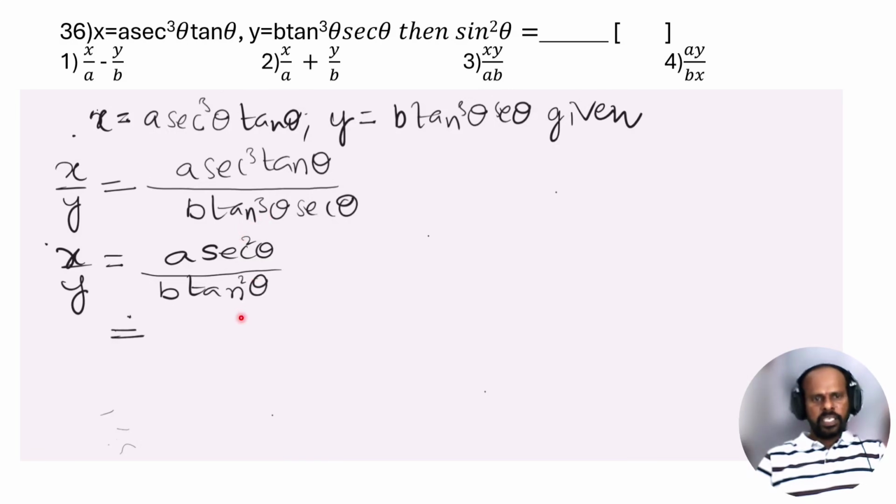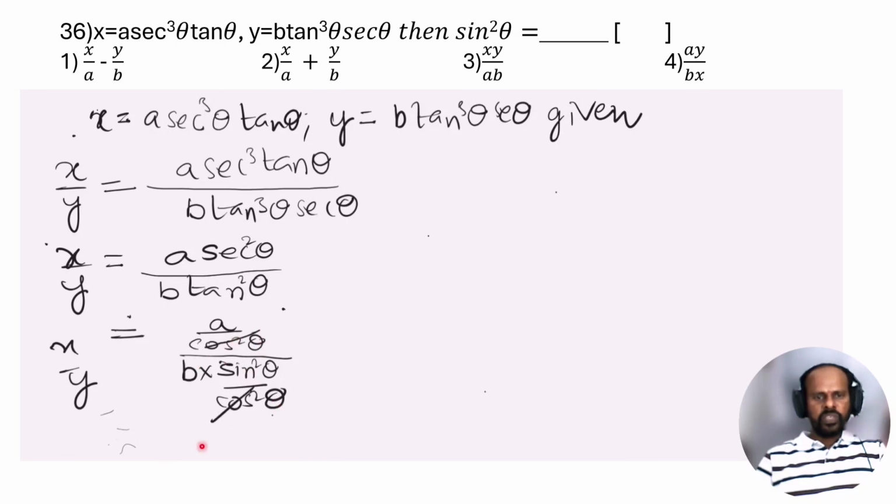So now sec theta I am writing as its reciprocal, 1 by cos square theta, and b tan ratio, you know, sin square theta by cos square theta. Now here cos square theta and cos square theta get cancelled. So x by y equals a by b sin square theta.